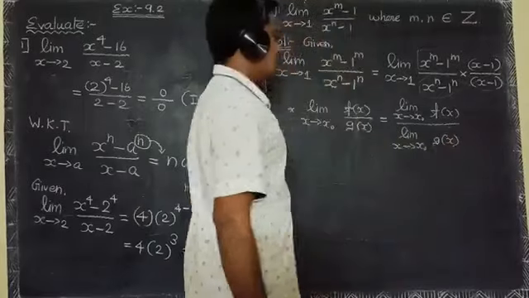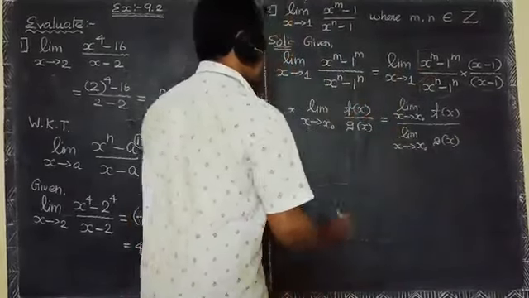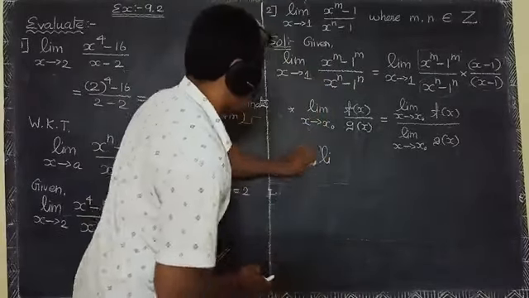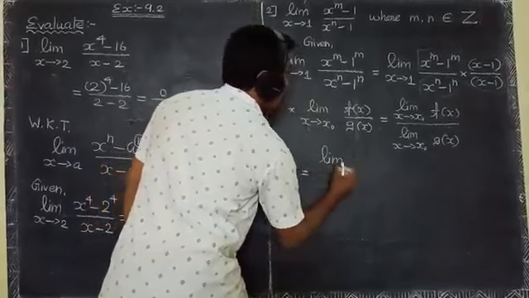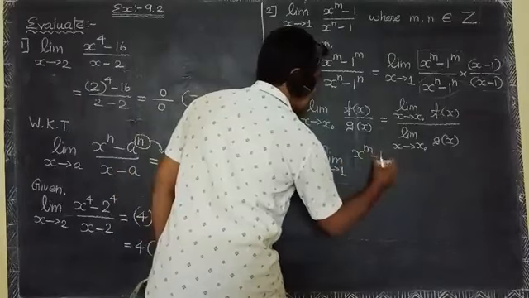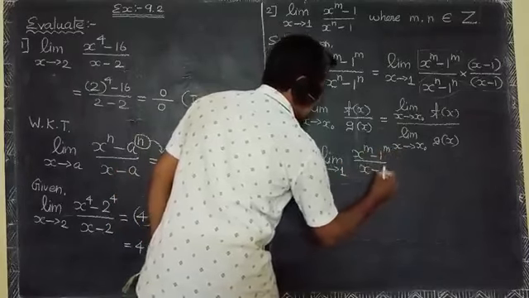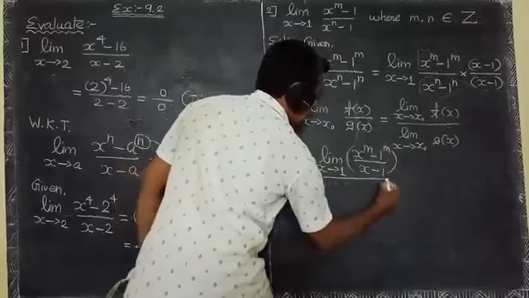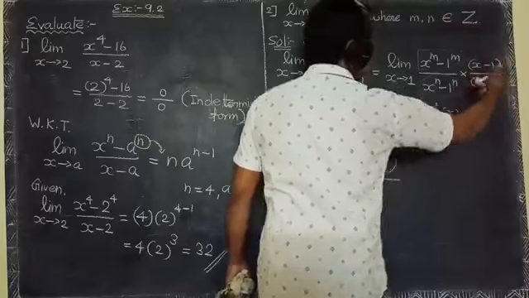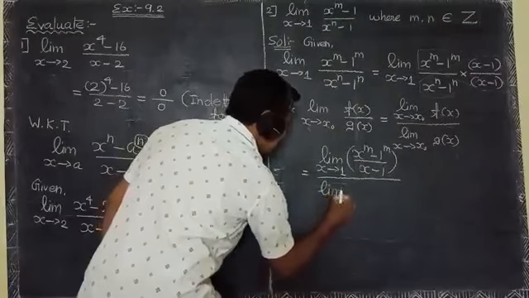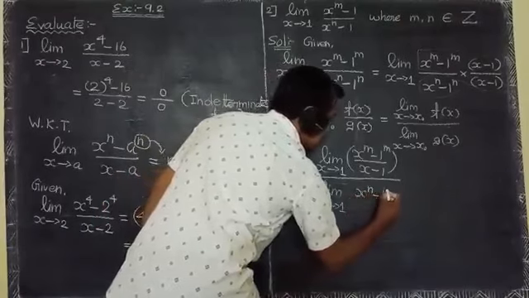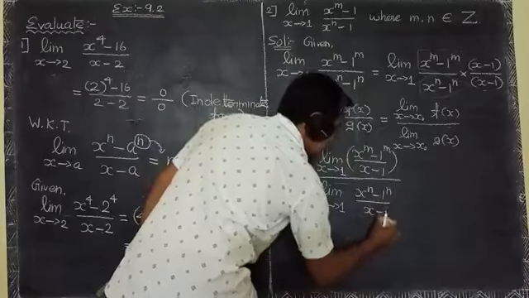Using this property, the numerator becomes limit x approaches 1, x power m minus 1 power m divided by x minus 1, and the denominator becomes limit x approaches 1, x power n minus 1 power n divided by x minus 1.